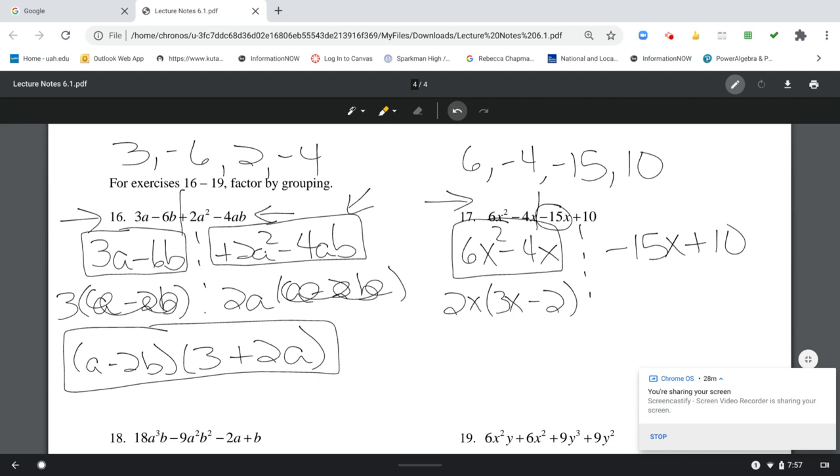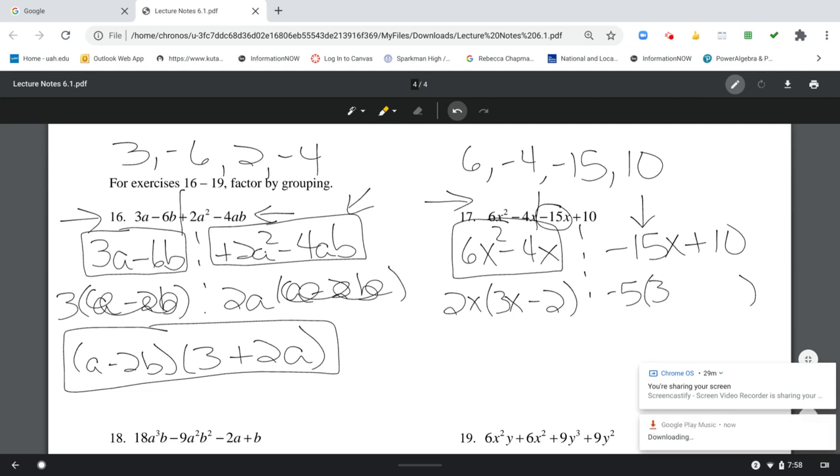Now in the second group, I can clearly see that 15 and 10 have a 5 in common, but since the leading term is negative, I'm going to take out the -5, which means when I put terms back in, the signs are going to change. So -15 divided by -5 is +3, bring along the x. +10 divided by -5 would be a -2.